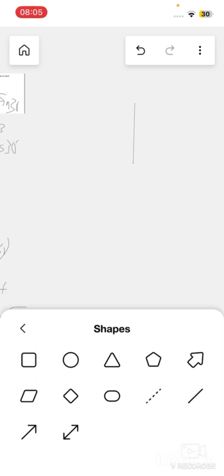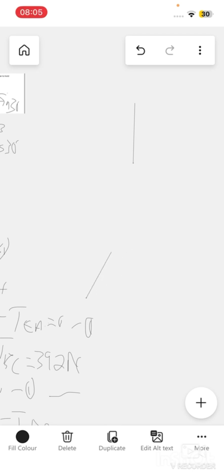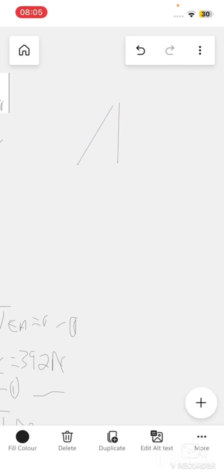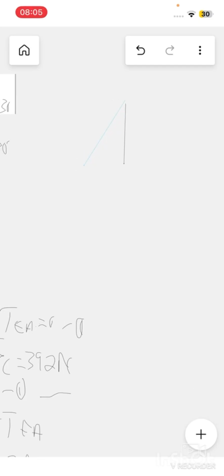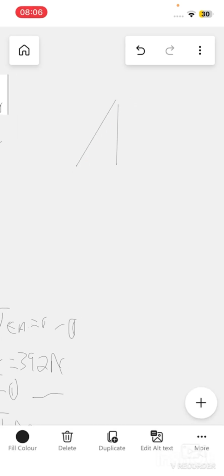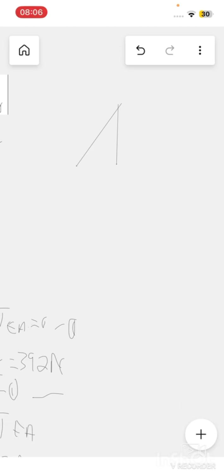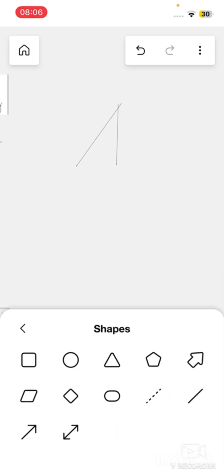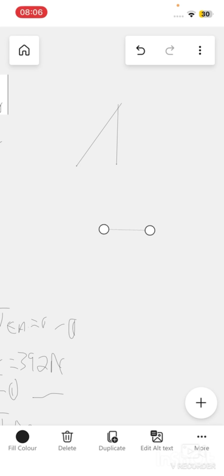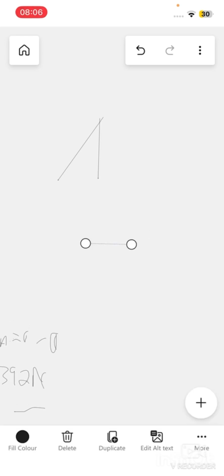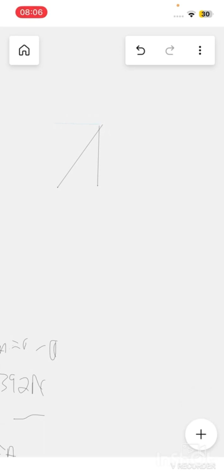We're going to have another one, TAB, like this. But they need to join each other nicely. I think it's fine like this. Therefore, we're going to have our imaginary line representing the components of the forces, which is going to be here.